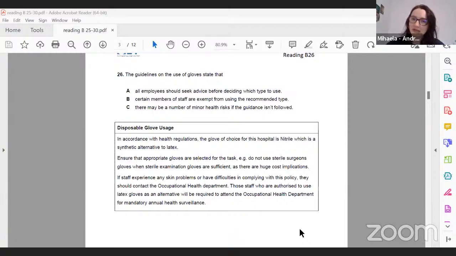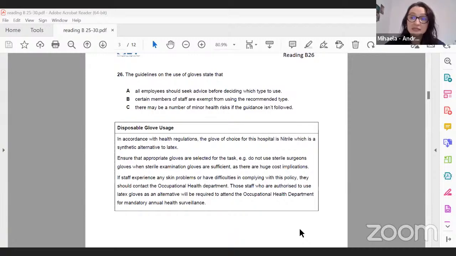Who need to wear the gloves? Yes, just one second. The synthetic alternative to latex. No, I would say it is A. Or, is it A? It's B. Let me think. They said if staff experience any skin problems or have difficulties in complying with this policy, they should contact the occupational health department.